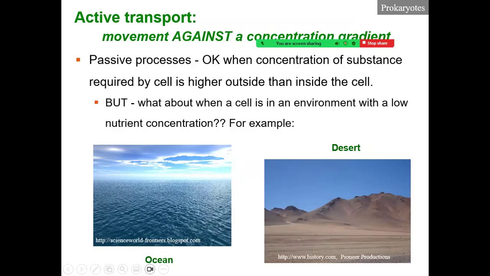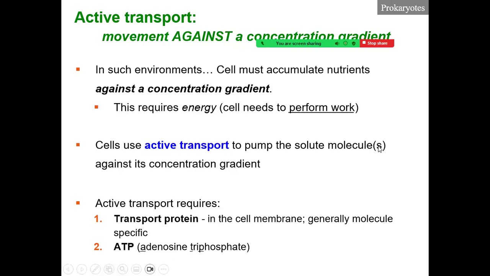What can the cell use to move the molecules that it needs inside the cell? Well, it can use active transport. So the cells accumulate nutrients against their concentration gradient by using active transport, pumping the molecule against its concentration gradient. This requires energy. The cell needs to perform work to move the molecule against its concentration gradient.